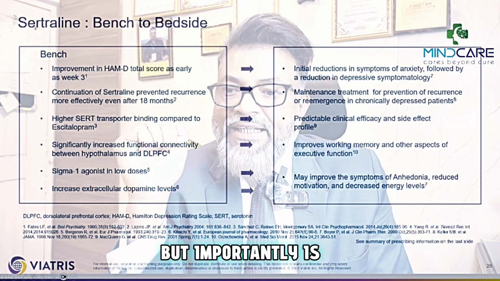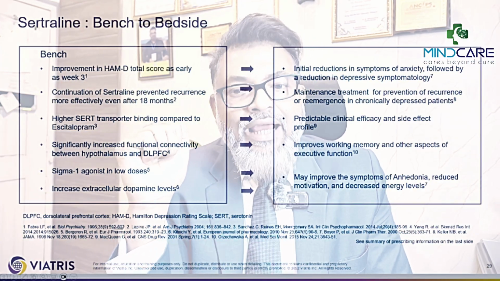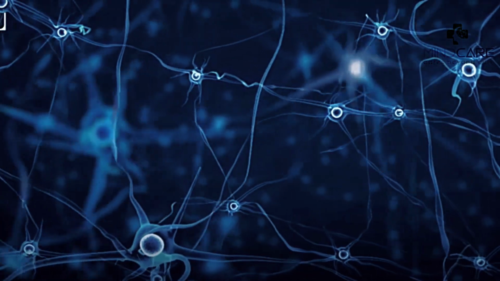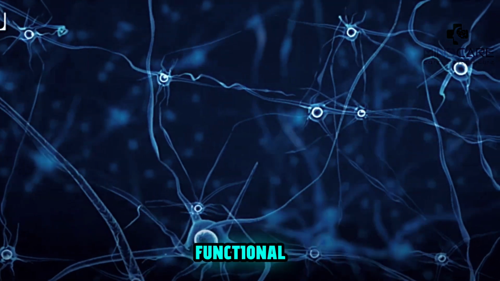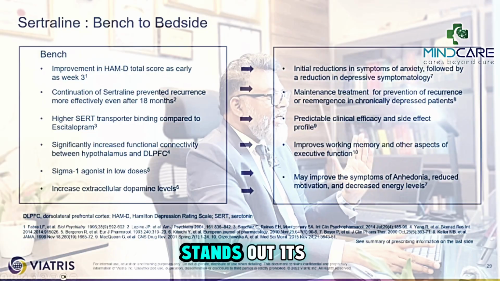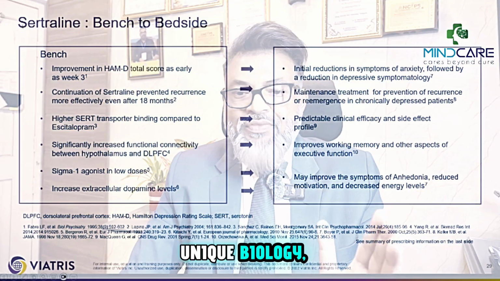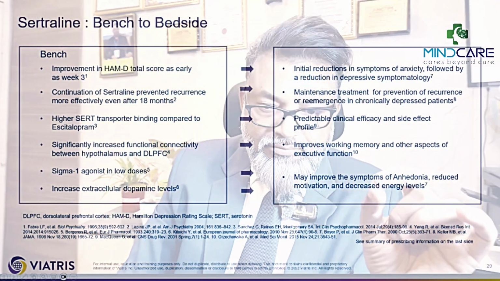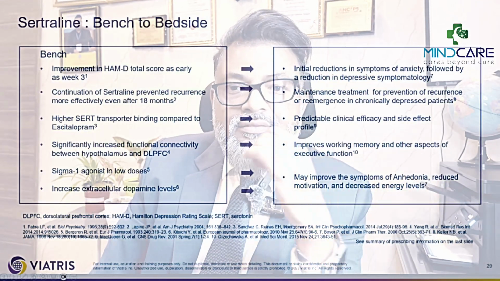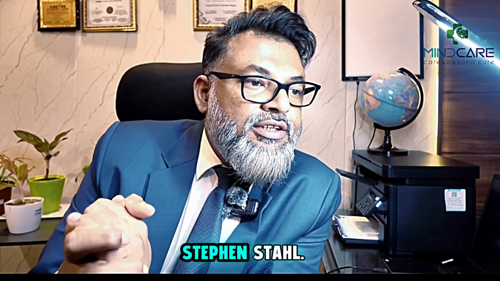Importantly, its dopaminergic action may improve anhedonia, low motivation, and energy deficit, aligning with the goal of functional remission. So from lab to clinic, sertraline stands out for its unique biology, and that translates into both symptom relief and functional gain. Well, this has been adopted from Stephen Stahl.